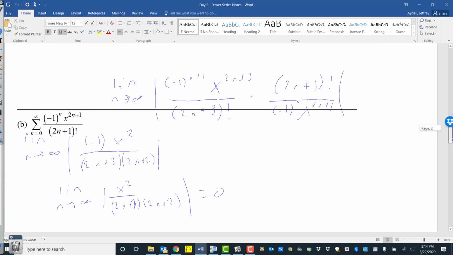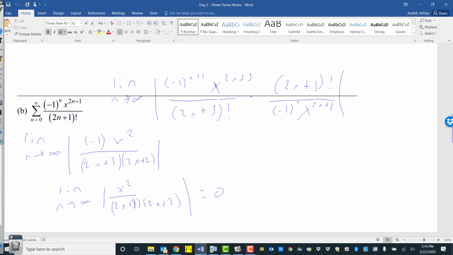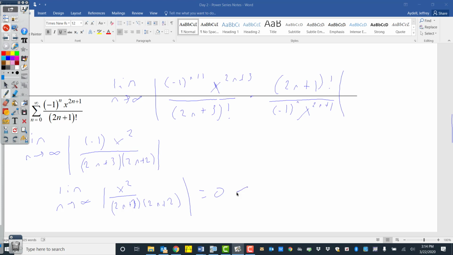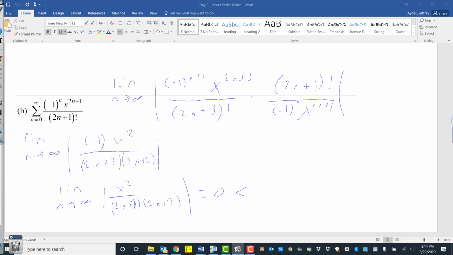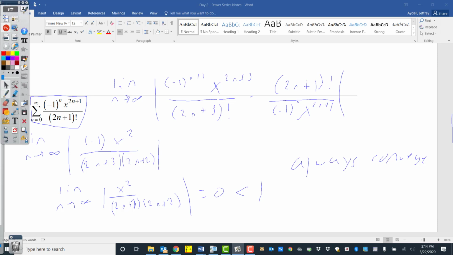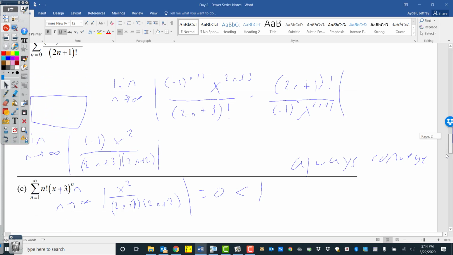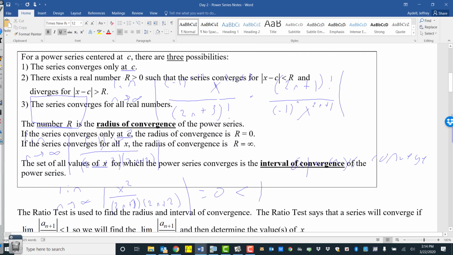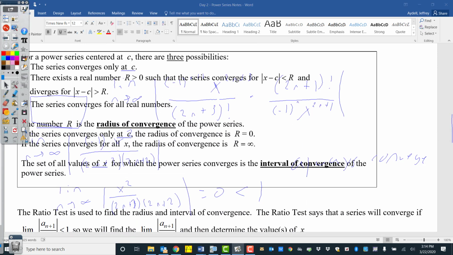So, if this is equal to 0, and this is always less than 1, then that tells us that this whole series will always converge. Now, what that tells us, if we look back at what we saw earlier, and now let me clear the screen.